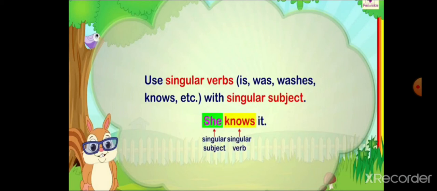Means student, whenever we talk about the singular subject, then we have to use singular verbs which are given in the bracket. Let's see the example. She knows it. Means she is the third person and it is being singular. So at this point of time we have to use the singular verb knows. Means she knows it.